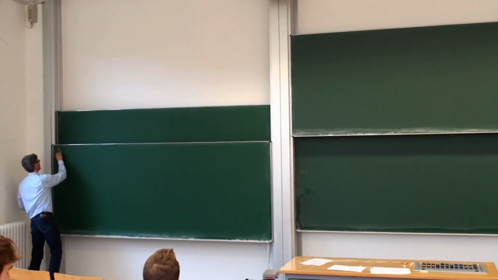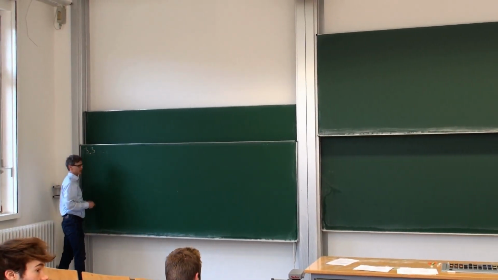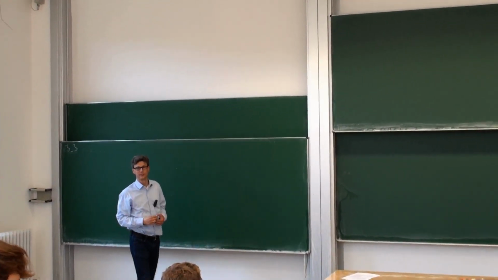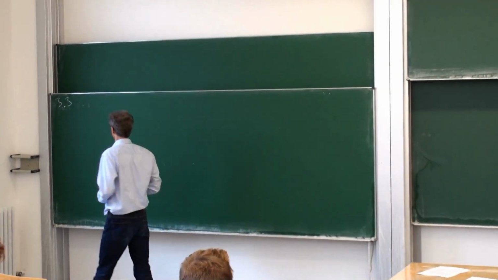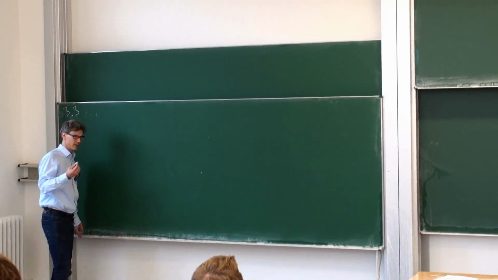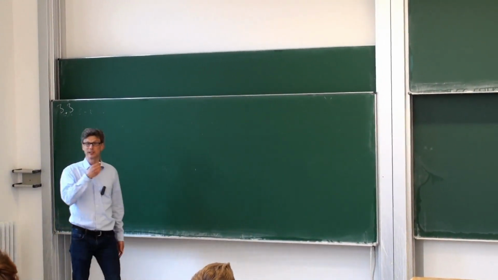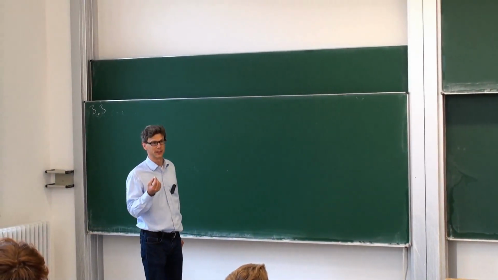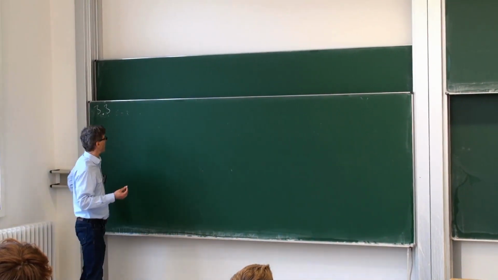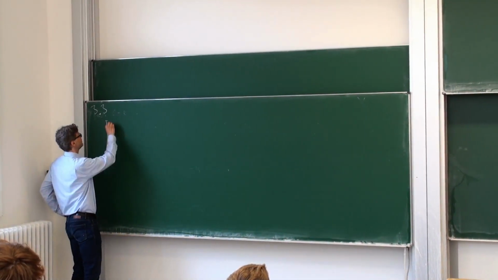So we are now back at 3.3, which was second order conditions. And you remember in these second order conditions, we learned a lot of new concepts which I would like to repeat with you now so that we are aware of them. So there was in particular this KKT matrix.